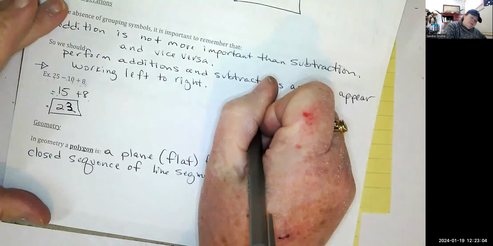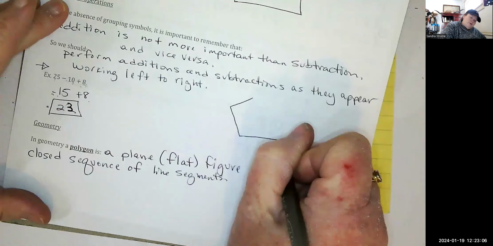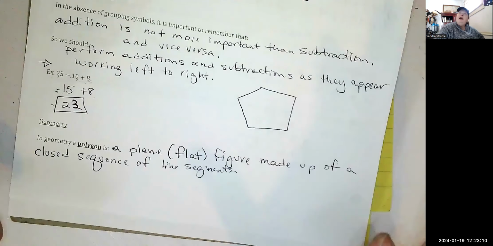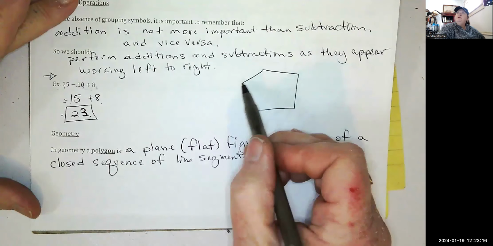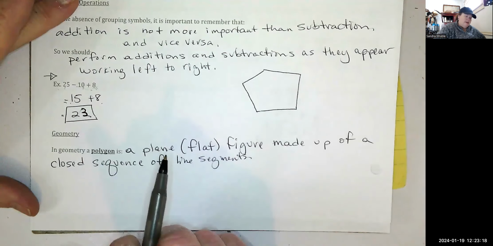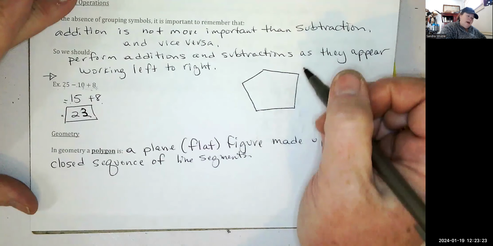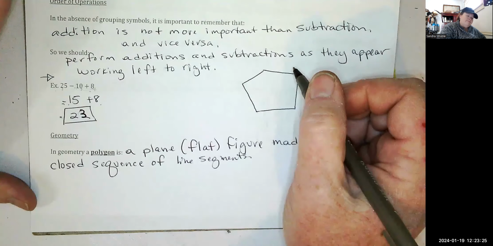I'm just going to make just a random polygon. Okay. So this is a flat figure made up of a closed sequence of line segments. These are each individual line segments. All right. And the segments, they have the edges and sides.